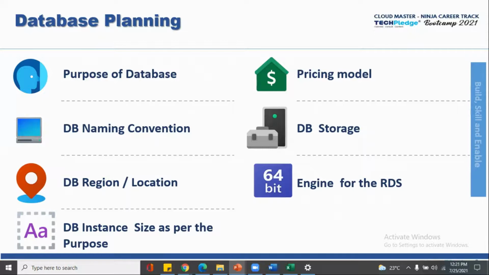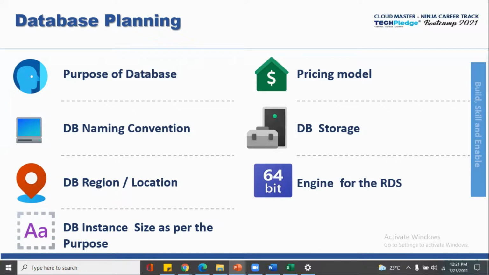According to that, our database instance sizes are selected as per our purposes. According to the size selected, the pricing model will vary. The pricing model will always depend upon the size of database that you have selected as per your requirement.